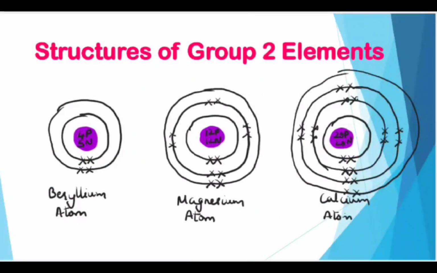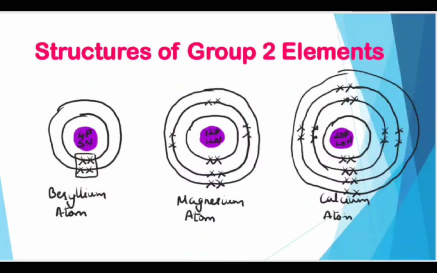Here, children, here is my structure. These are my structures of group 2 elements, which are beryllium, magnesium and calcium. In beryllium we have 4 protons, so 4 electrons.